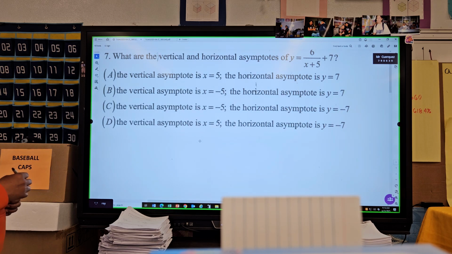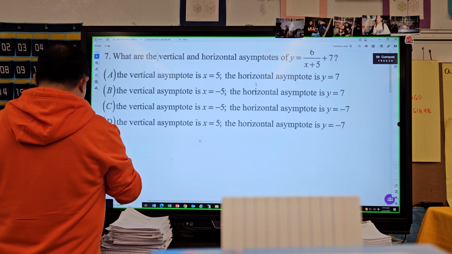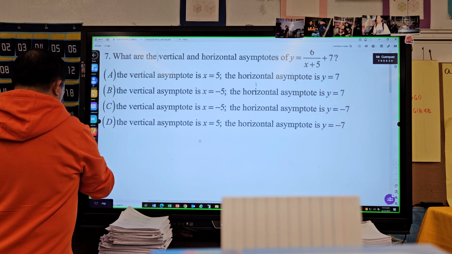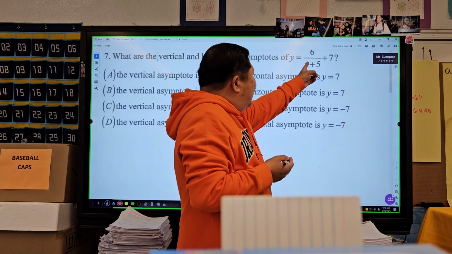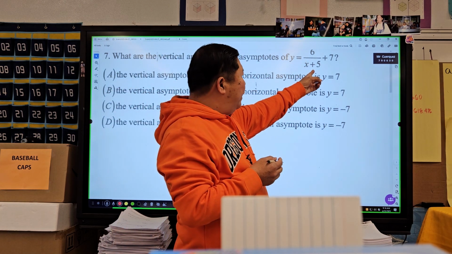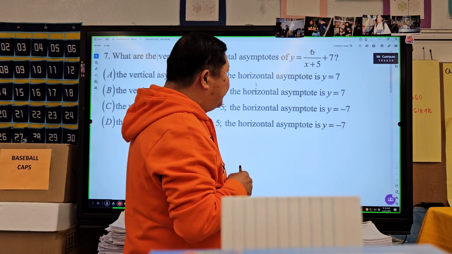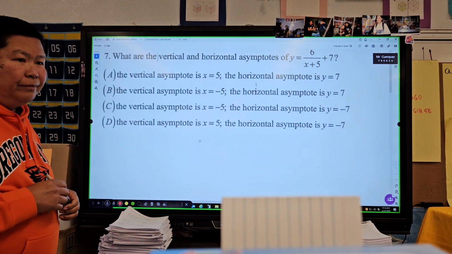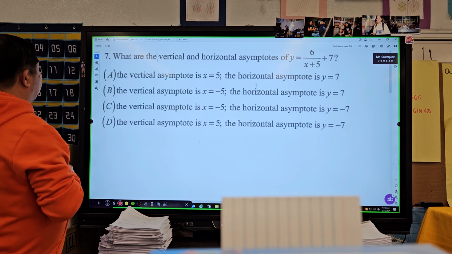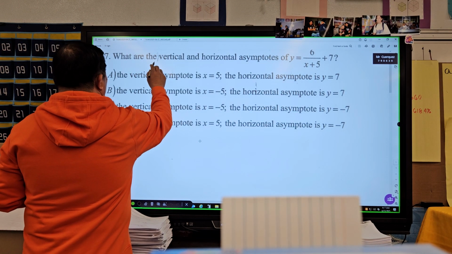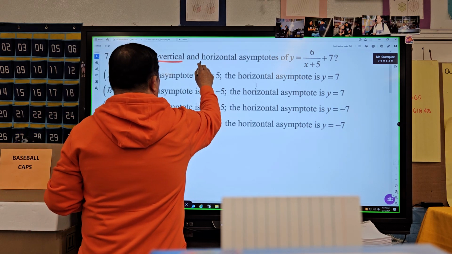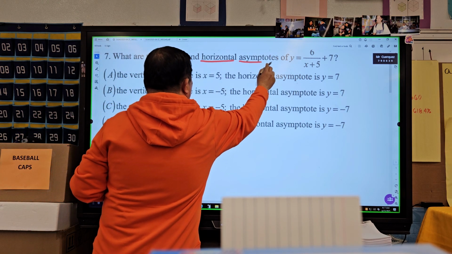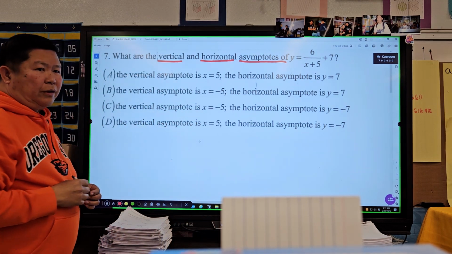What are the vertical and horizontal asymptotes? So this is a rational function, right? y equals 6 over x plus 5, and then plus 7. Rational function. It says, what are the vertical and horizontal asymptotes of the given function?